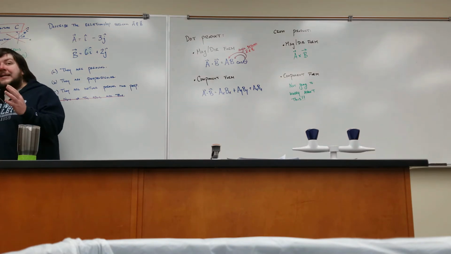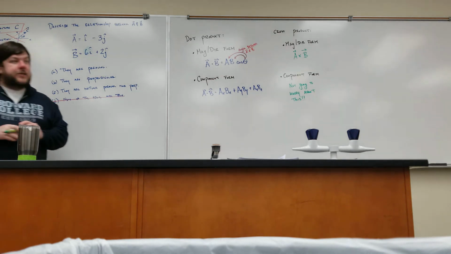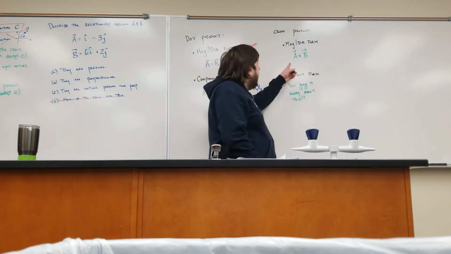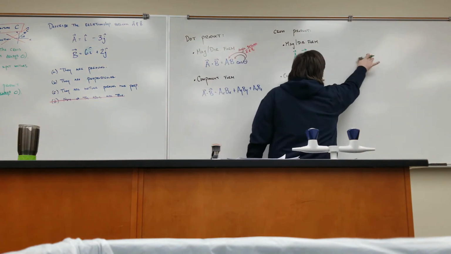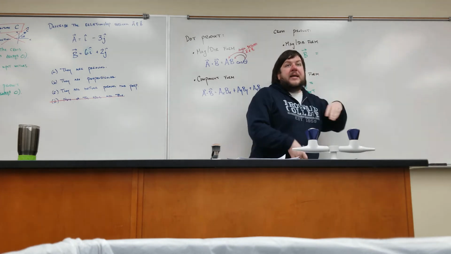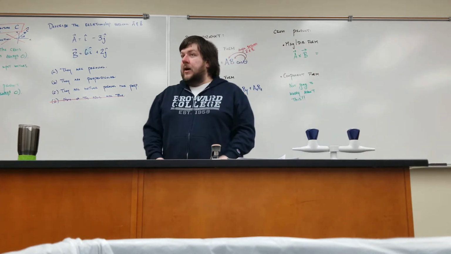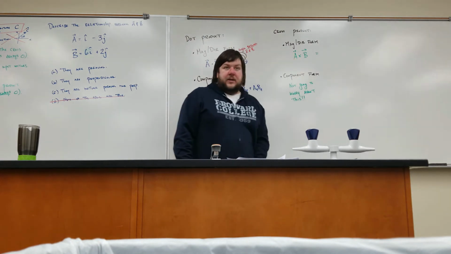I'm not finding the entirety of C. What part of C am I finding? The magnitude. So I have to modify the left-hand side here. I'm going to put equals and something here. What's on the right-hand side is going to be a scalar because the magnitude is only a scalar. But the left-hand side, as I have it written, is a vector.